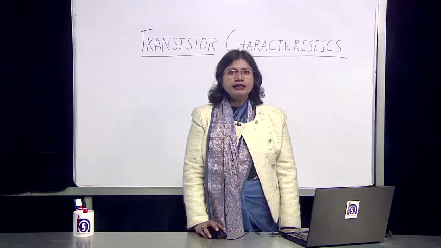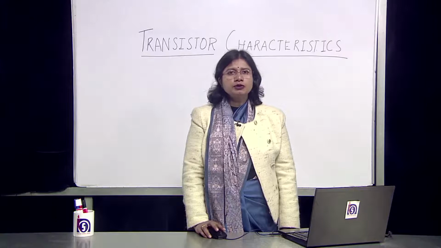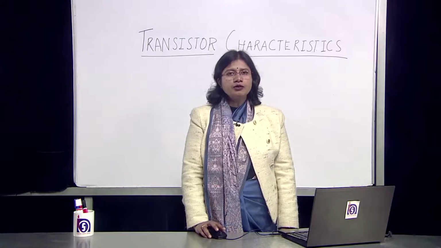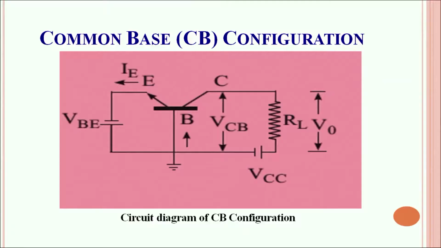Over here, in the common base configuration, the base is common to both the input and the output circuit. Therefore, even though we don't get large power gain or current gain, these circuits are suitable for providing a regulated voltage supply. Let's have a look at the transistor configurations in a common base arrangement.